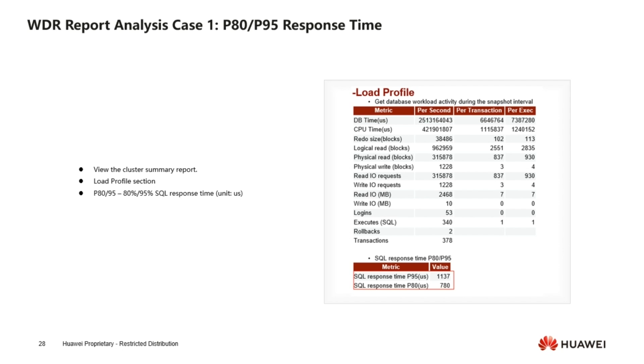We're now ready to look at some data reported by the WDR. On the right-hand side, there's a brief summary of the database performance. We should be interested in the P80 and P95 latency down here. They reflect the responsiveness of the entire system most of the time.